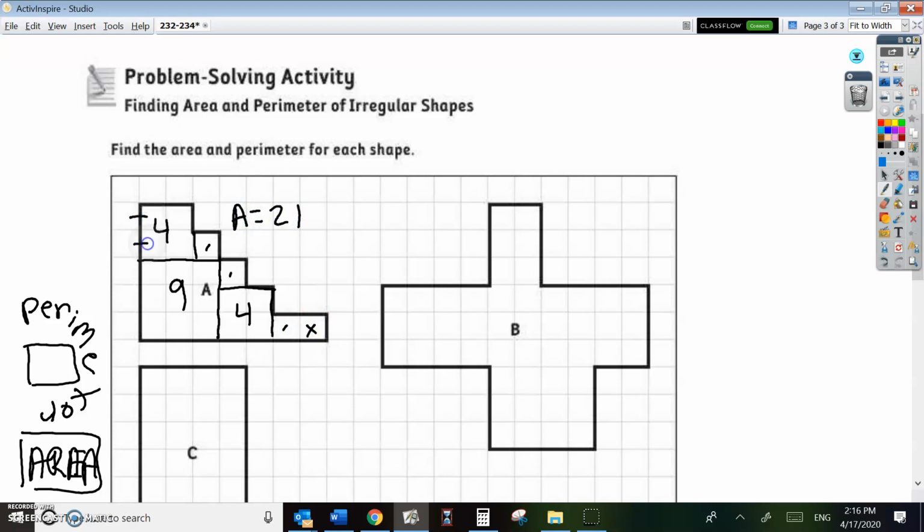And then 1, 2, 3, 4, 5, 6, 7, 8, 9, 10, 11, 12, 13, 14, 15, 16, 17, 18, 19, 20, 21, 22, 23, 24. Perimeter is 24. Units squared. And this is just units.